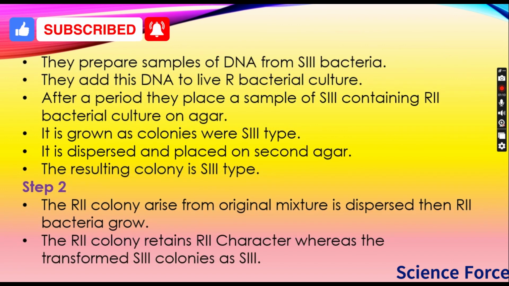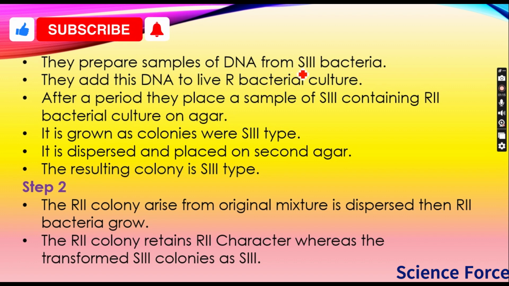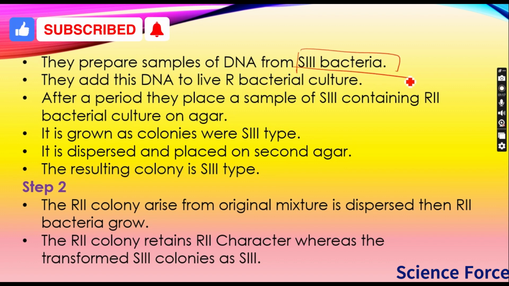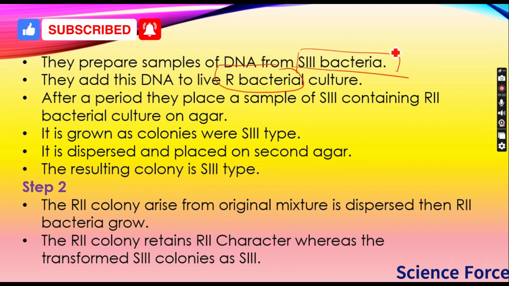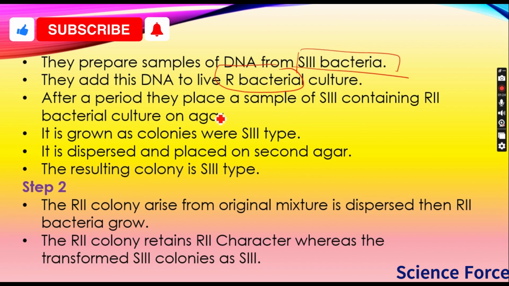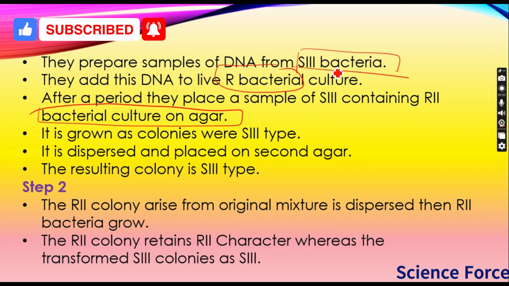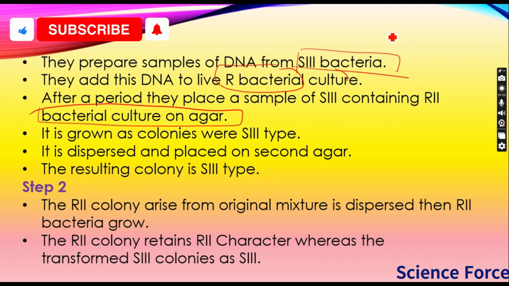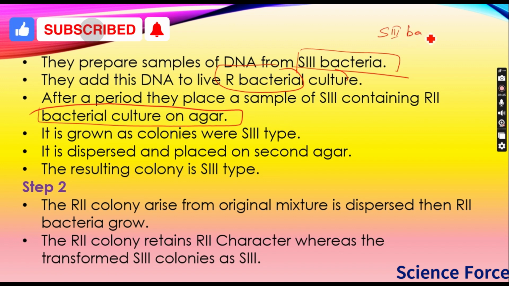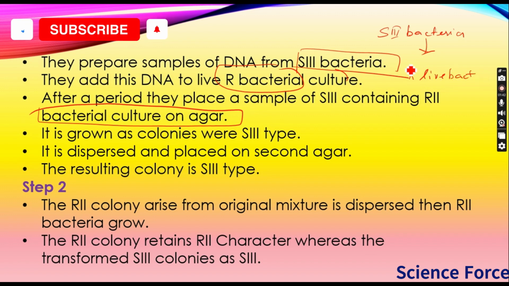So here the first step is they prepare samples of DNA from S3 bacteria, and the R bacterial cells are also prepared and cultured in agar. Then the S3 bacteria culture is introduced into the R live bacterial culture.